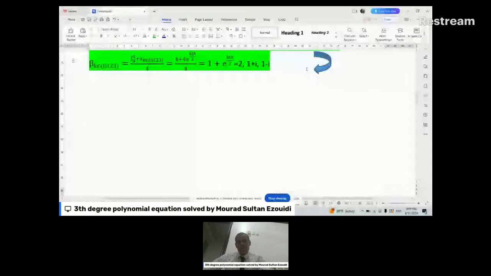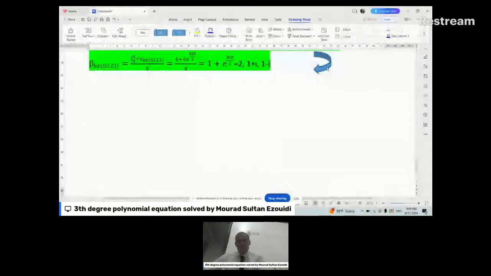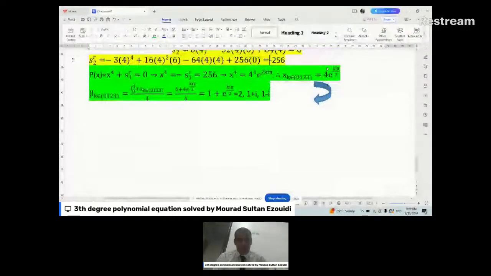Okay, look, learners. We are told that when k equals 0, it will be 1 plus exponential 0, which is 1 plus 1, giving 2. This is the first root. The second root, when k equals 1, exponential i pi over 2 is i.